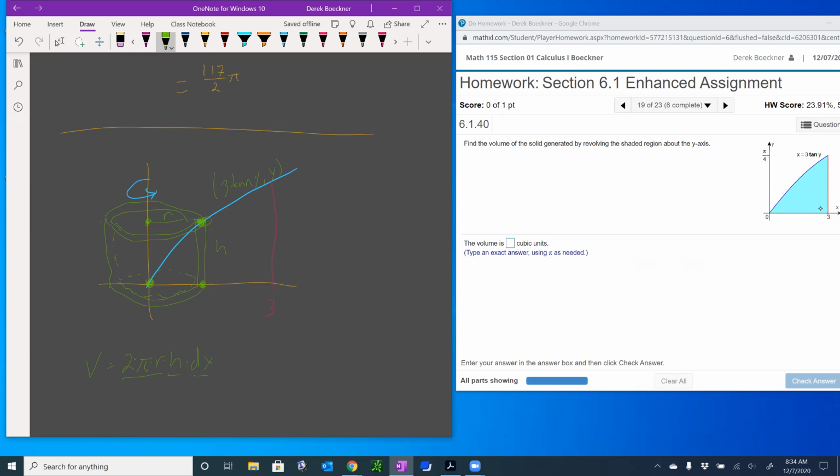And so because that's in y and because these would stack up in the dx, I don't want to stack them up in the dx direction and have everything in terms of y, because then my integral would be a bunch of y stuff and then a dx, and I can't do that because the variable of integration is x. I can't do it that way. So let's redraw this picture.